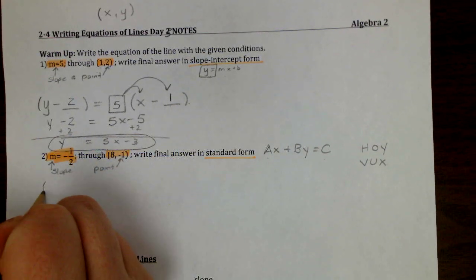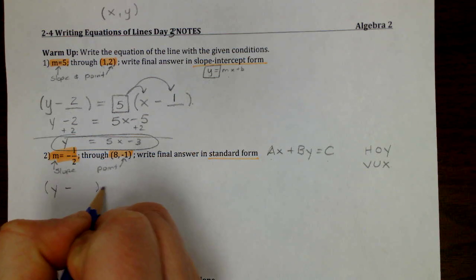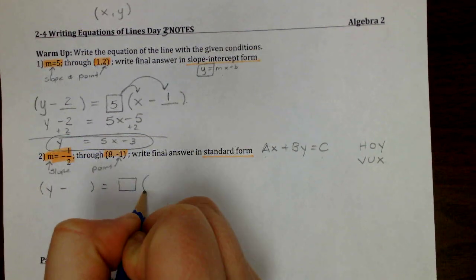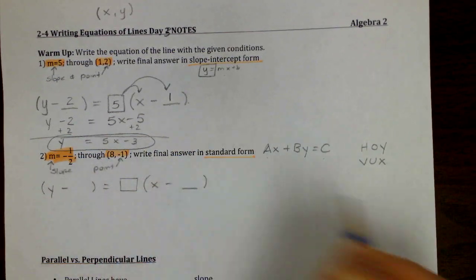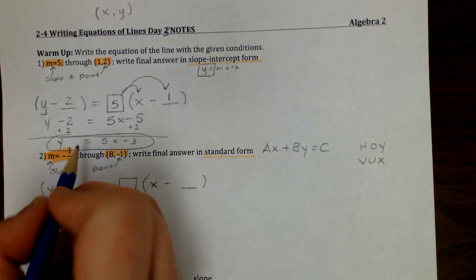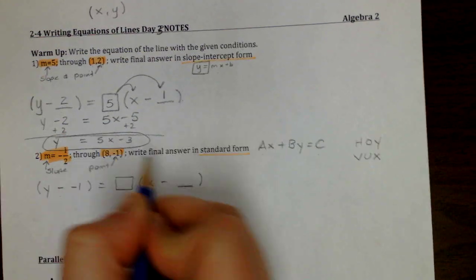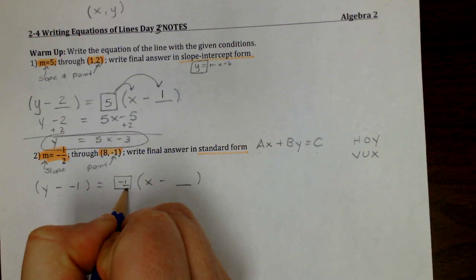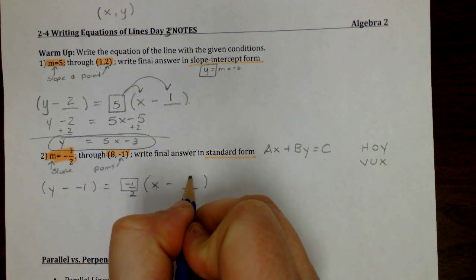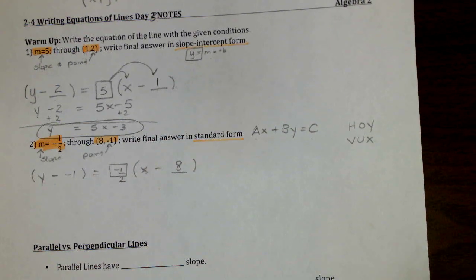So I'm going to start with point-slope form. I'm going to fill in my values. So -1 is my y, -1/2 is my slope, and 8 is x.